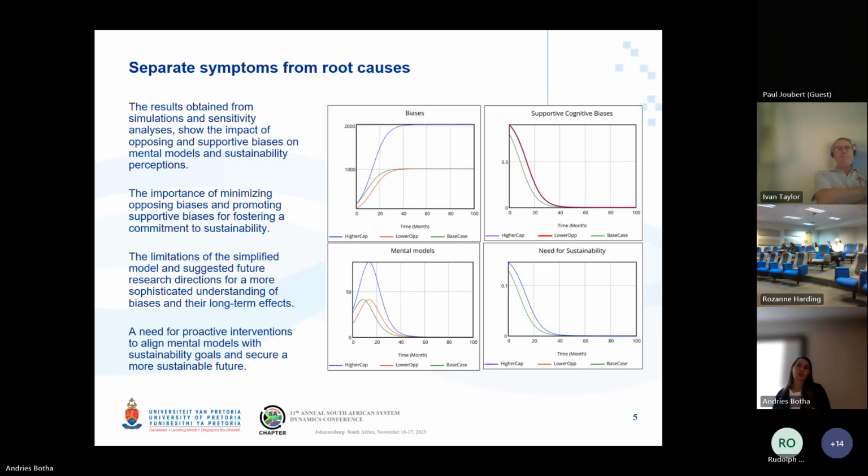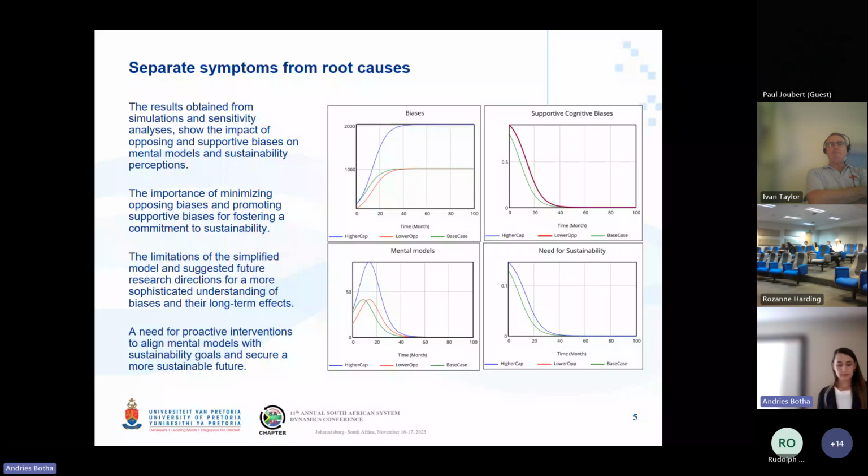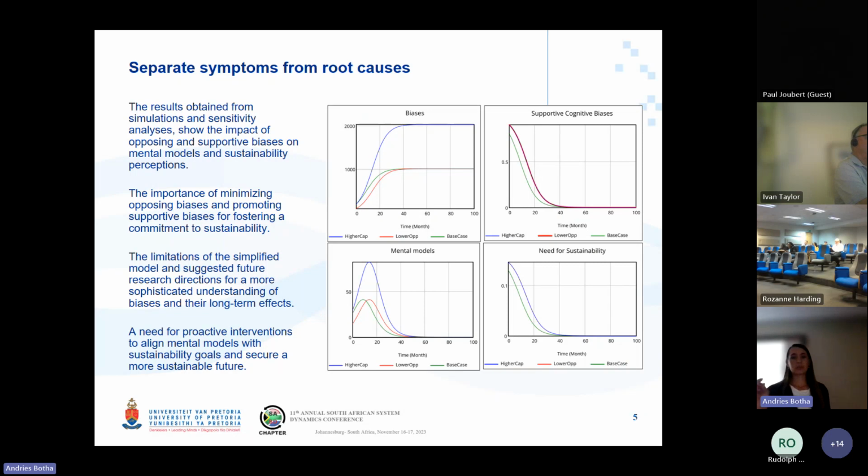The one below that, the need for sustainability. This one is mostly influenced by biases, so it will follow the same pattern as the top one. The y-axis is an actual value that we got from the surveys, the need for sustainability. It was 0.13. You can see the equation in the paper, and you'll see the same as the top.